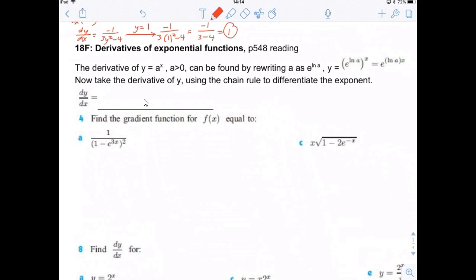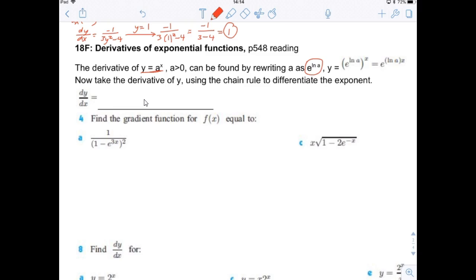Okay, so here we have an example where the function, the exponential function, has a base that is a positive number a, but it doesn't happen to be e. So the trick here is to rewrite a as e to the natural log of a, right? If you write e to the natural log of a, that's the same thing as a, because e to the x and natural log of x undo each other.